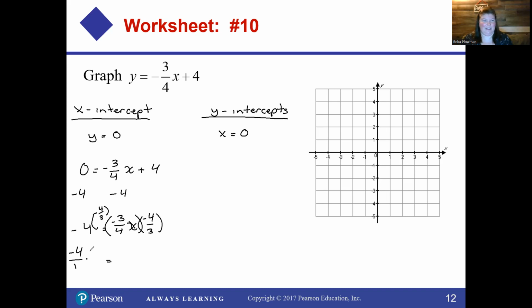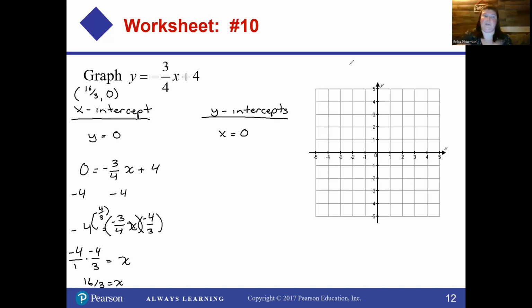Just as a reminder, what I gave you was this. But this should be x over here. So you're multiplying your fractions. You should end up with 16/3 equals x. Or in our case, we're going to say x is going to be 16/3 and y is going to be 0.